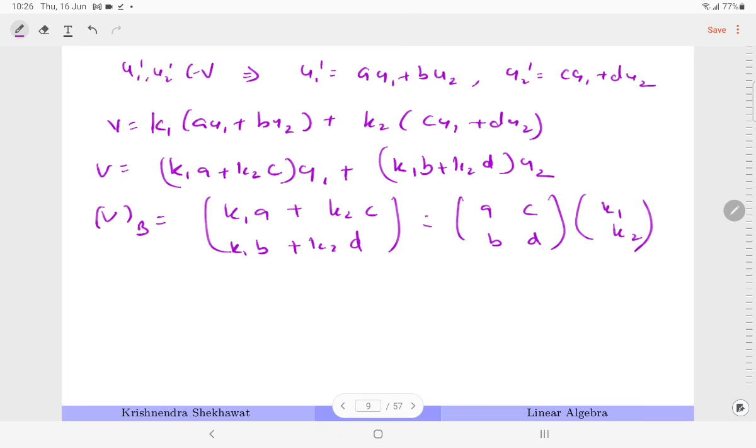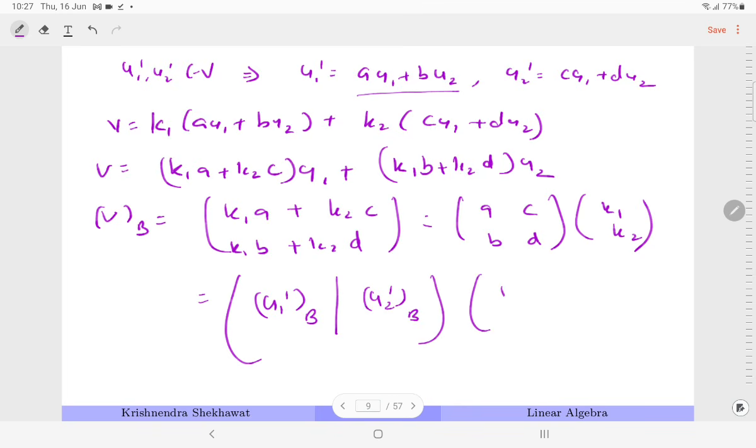Now the interesting thing to observe here is that this first column, A B, is coming from here. And what are A and B? They are the coordinates of U1 dash with respect to basis B, and the second column is the coordinates of U2 dash with respect to basis B, and then you have V_B dash.